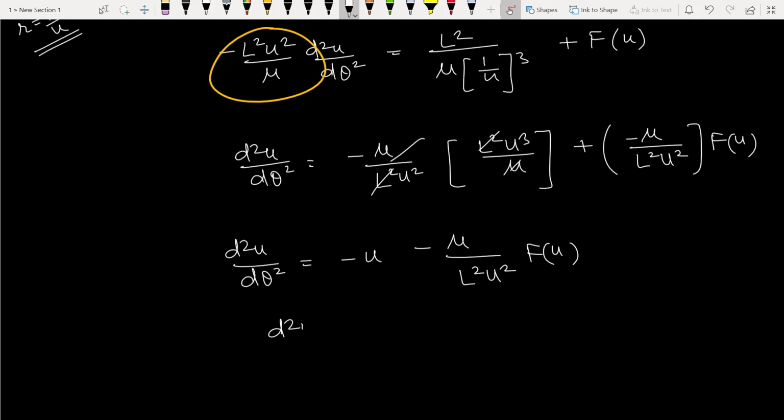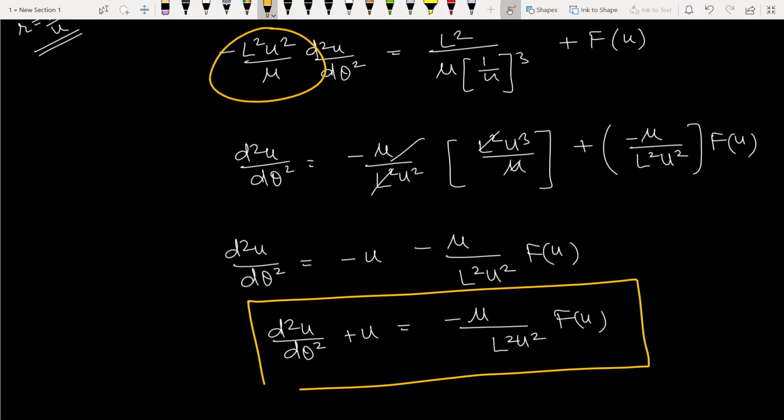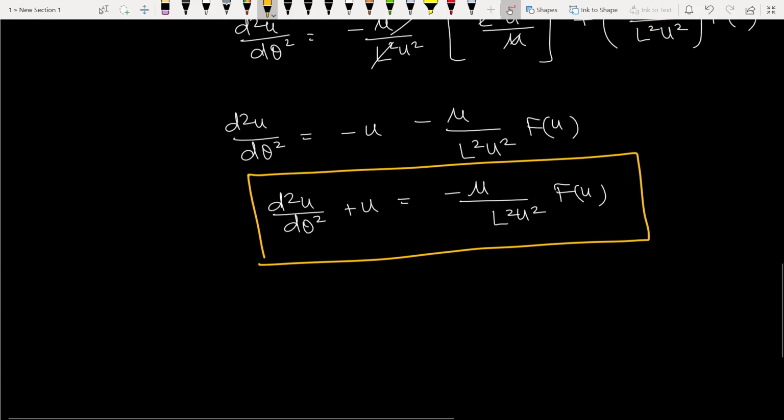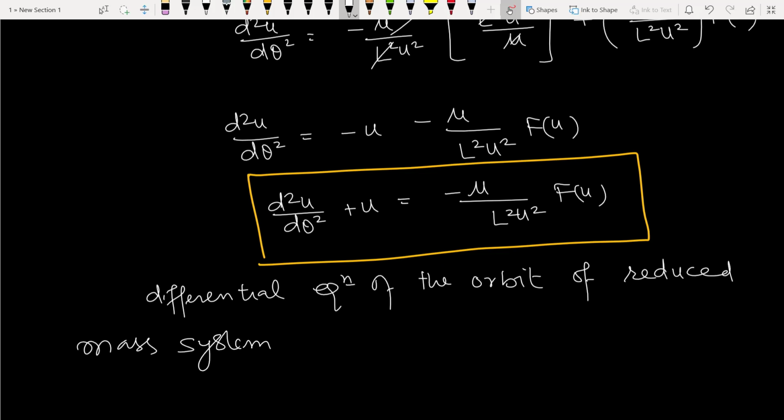So the equation will reduce to the differential equation of the orbit of reduced mass system under the effect of central forces.